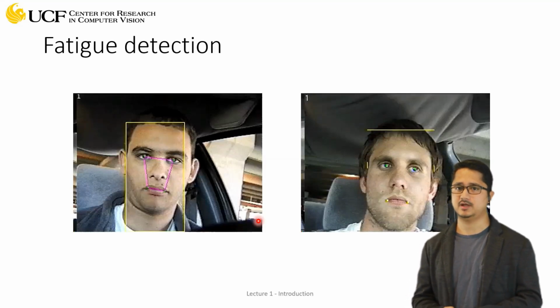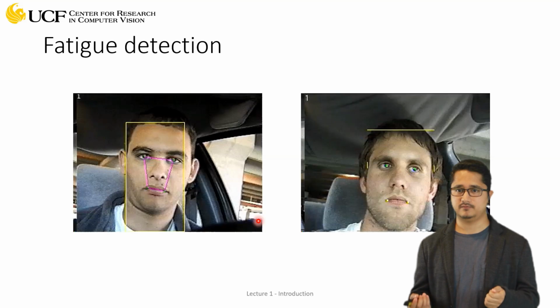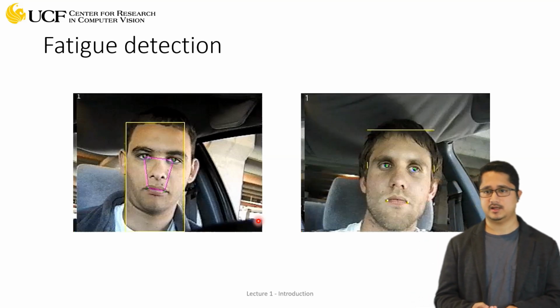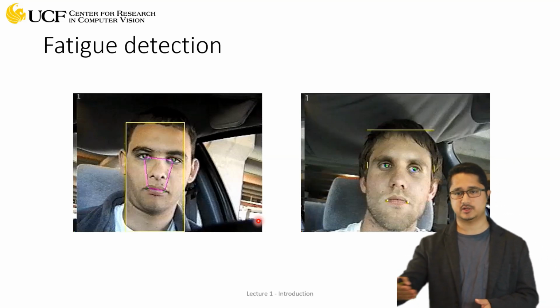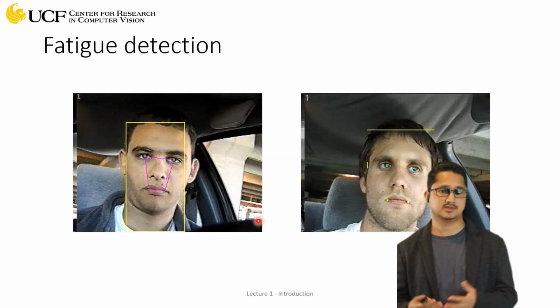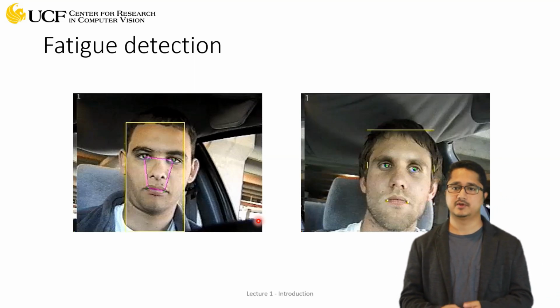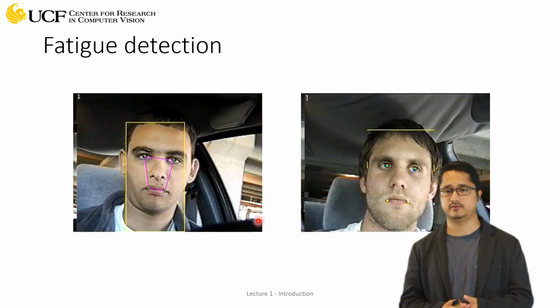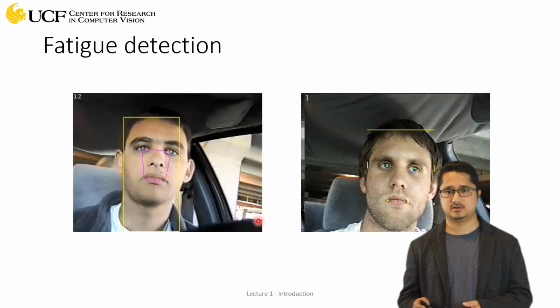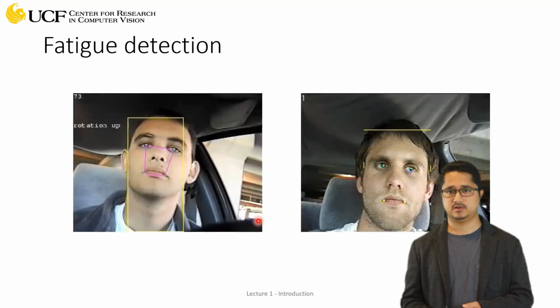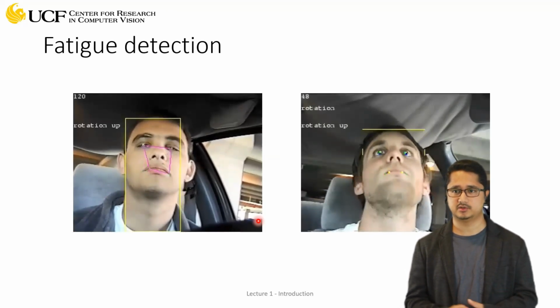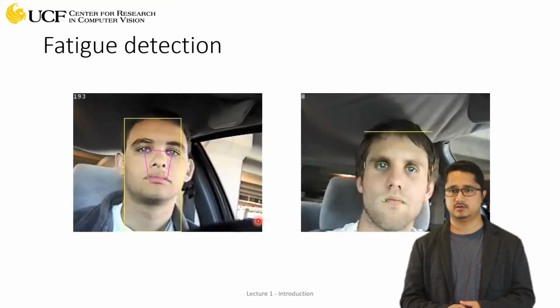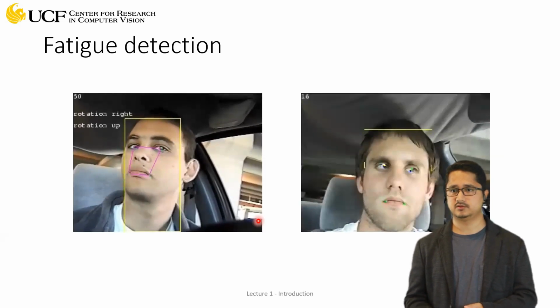For example, fatigue detection: if a person is driving a car, and we have a system which can automatically detect that a person seems very tired, then we can alert them, maybe you should not drive anymore. That's one kind of application where it can be used. This is just showing a simple demo of how this works.